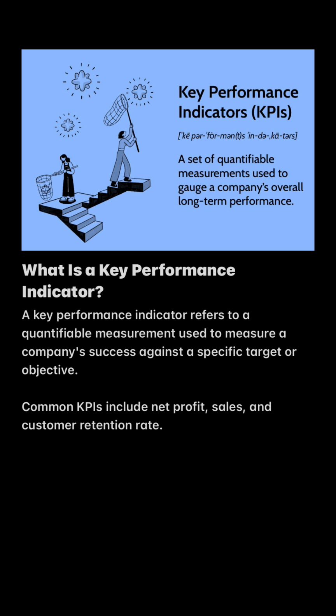Noteworthy, and we should go over these, they don't hold as much weight as the CPI, the PPI, or the GDP, but key performance indicators. A key performance indicator refers to a quantifiable measurement used to measure a company's success against a specific target or objective. Common KPIs include net profit, sales, and consumer retention rates.